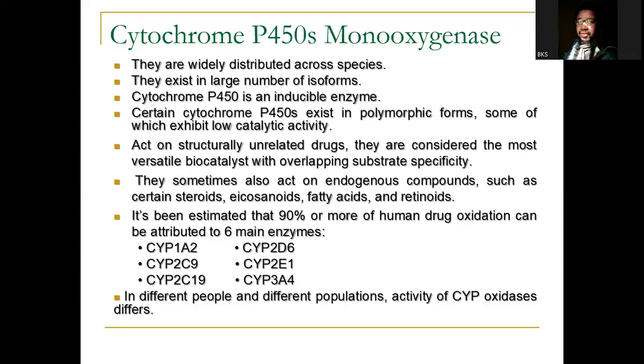as a subfamily. And they were given an alphabet letter. So you are still in family 1, you can be E, some can be B, some can be C like this. You can have 1E, 1B, or 1C. And further, an Arabic number is given to each of these enzymes.